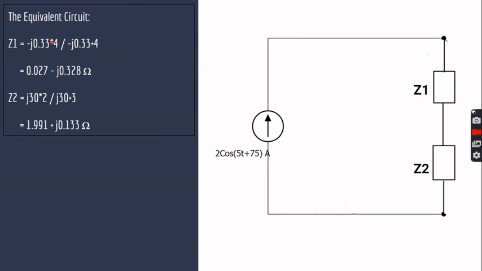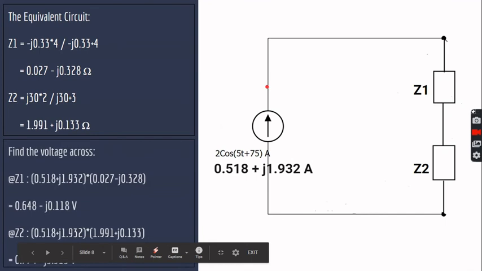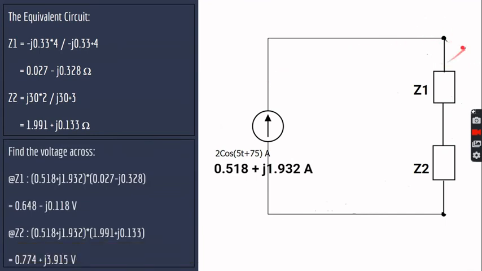So we combine the top part into Z1 and the bottom part into Z2. We'll get this equivalent circuit, and then we find the voltage across the two Z's.